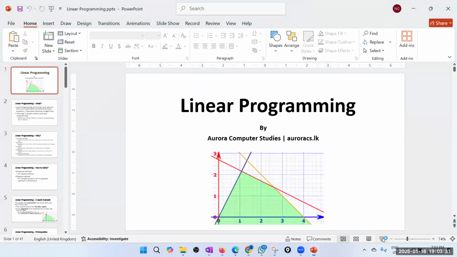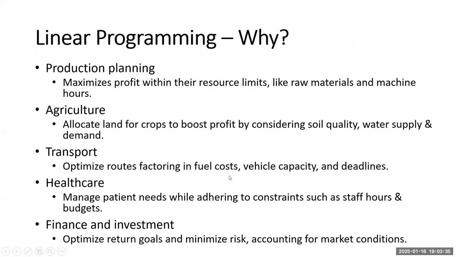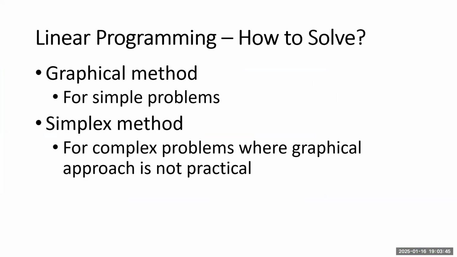Right, so let me open the note. Remember, linear programming is optimization. You have an objective function, and then we have a set of constraints or restrictions, right? So there are two ways you can solve it: graphical method and simplex method.